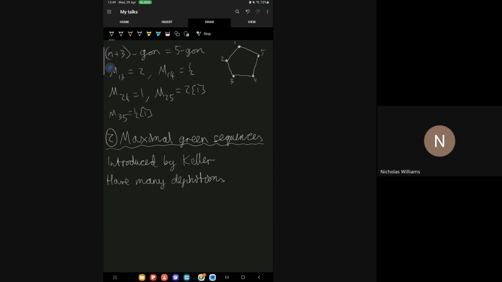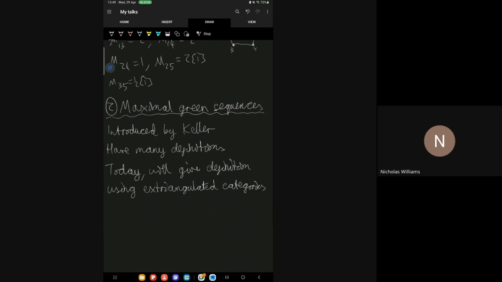So today, we'll give a definition using extriangulated categories, which I won't define, but I'll give you enough of a flavor that hopefully the definition makes sense.